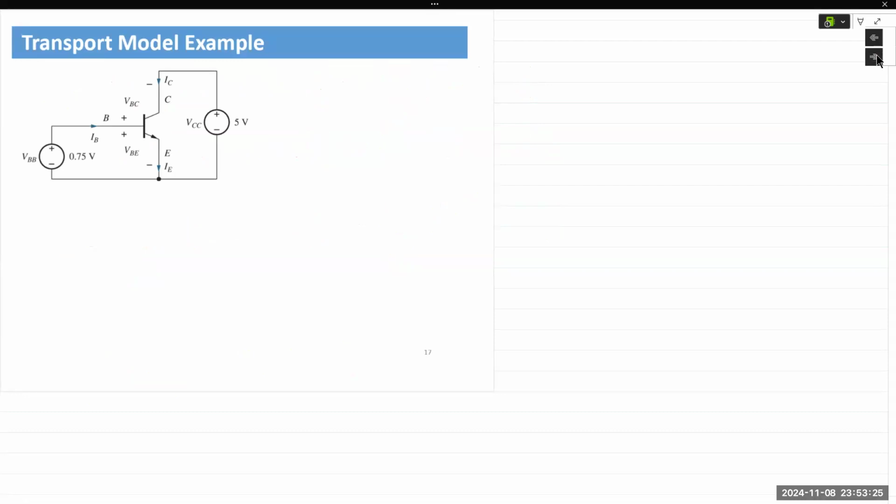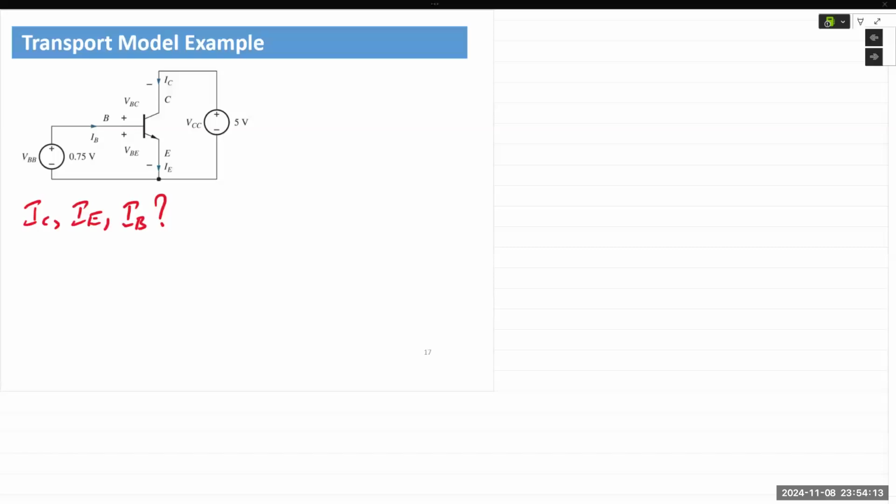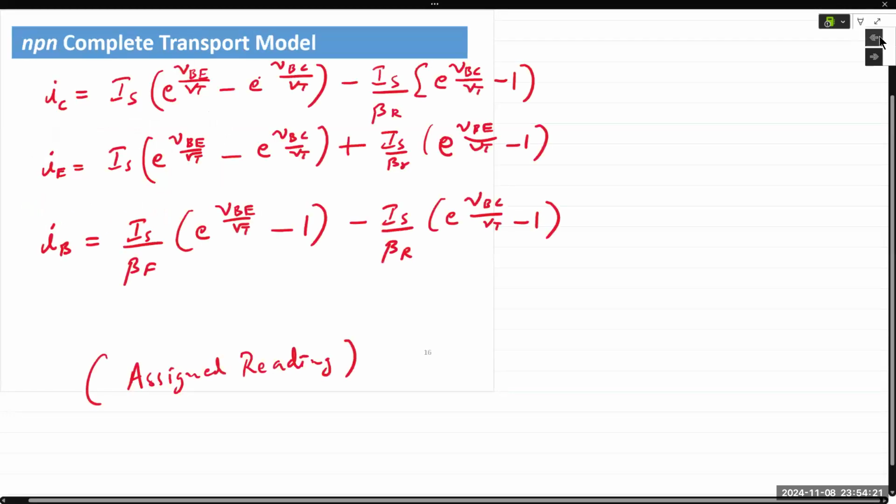The example is rather straightforward. We are given a circuit with a BJT and biasing voltages, and we are asked to find the terminal currents: IC, IE, and IB. So what do we need? Well, go back to our equations.